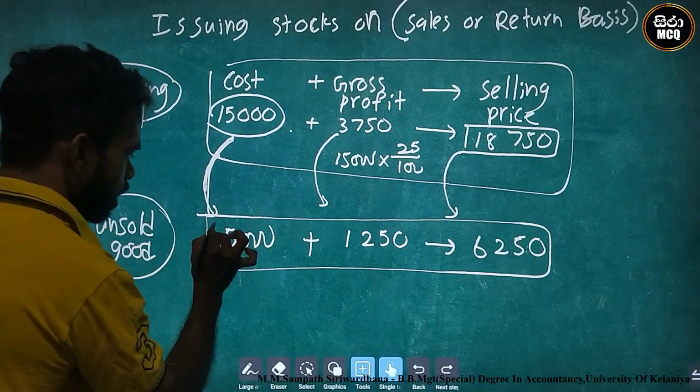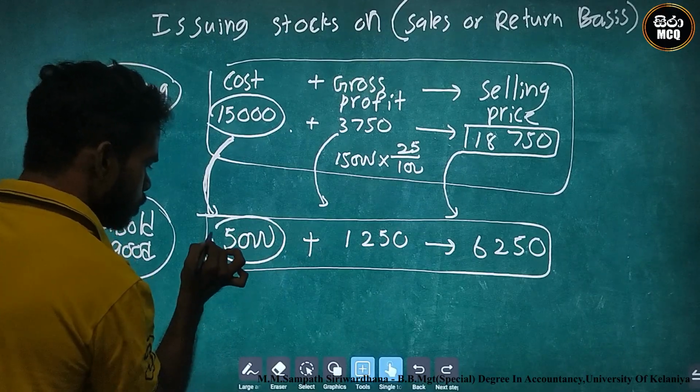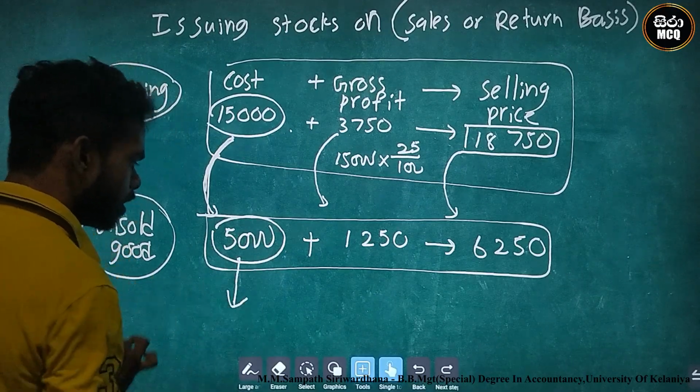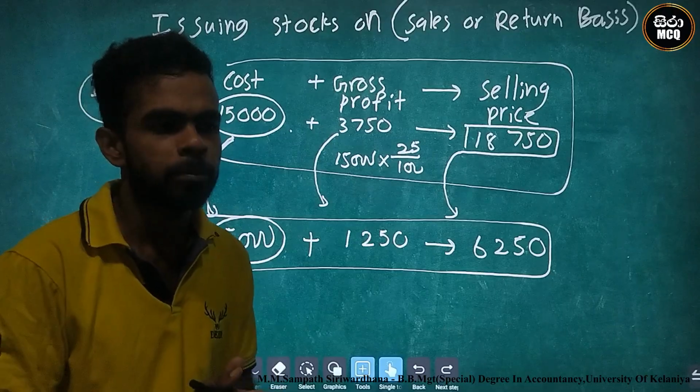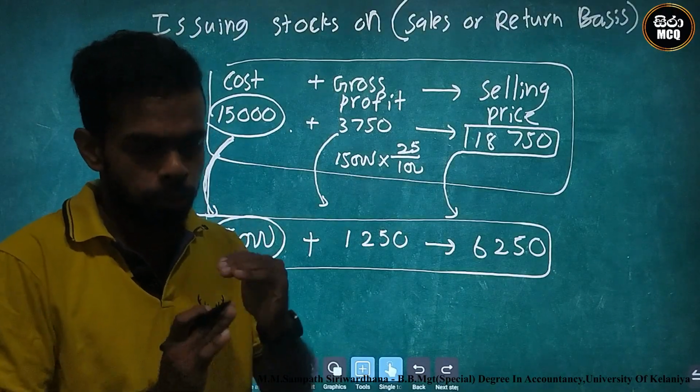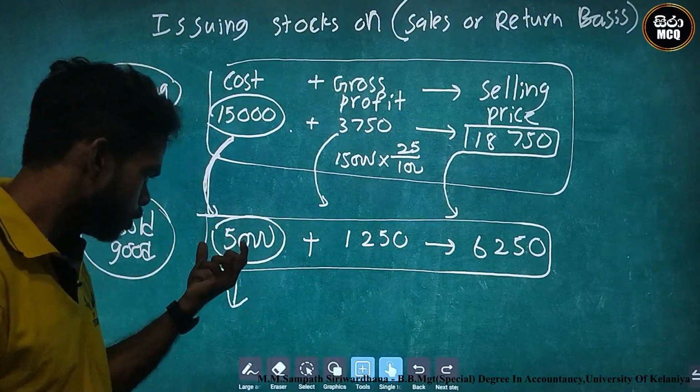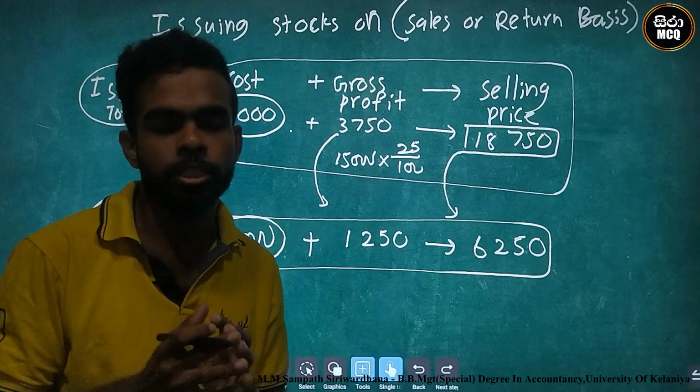In that point, the cost of these goods must be identified as closing stock. Why? The cost of these dispatched stocks is in our control.